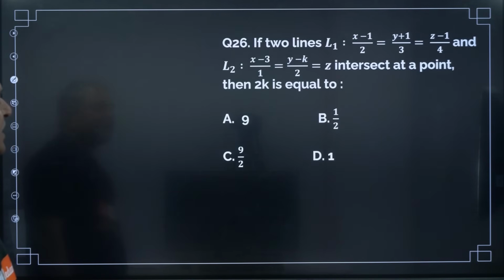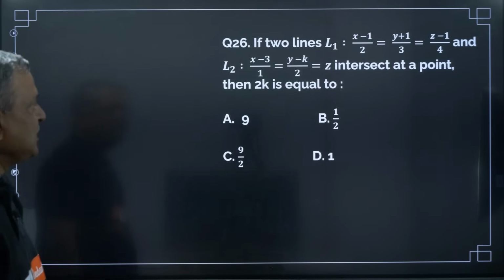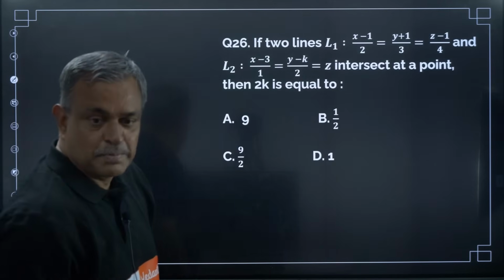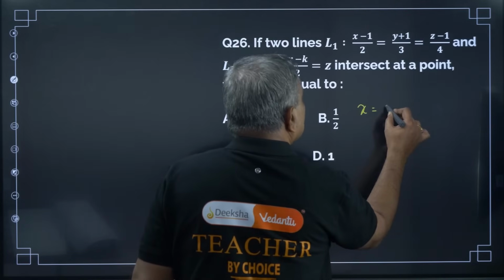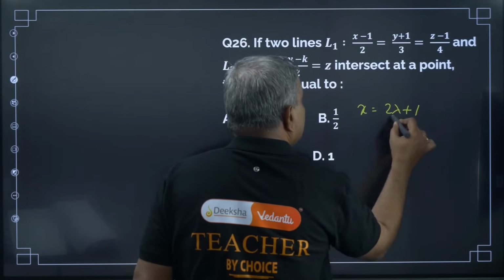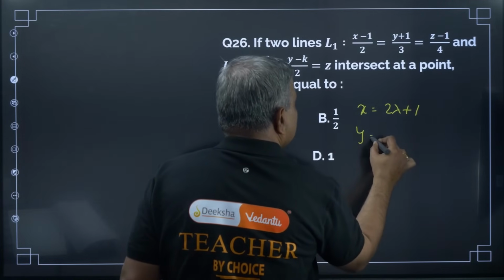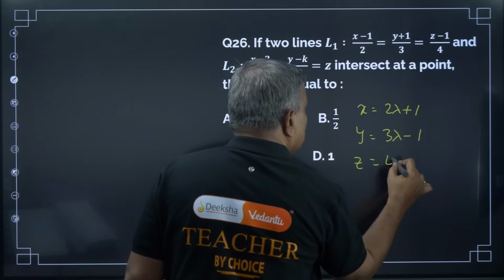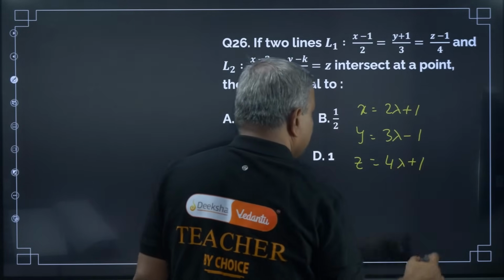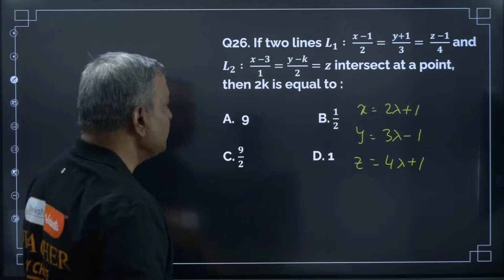This line and this line intersect at a point. Intersect at a point means equal to lambda, you take. So x is equal to 2 lambda plus 1 and y is equal to 3 lambda minus 1, z is equal to 4 lambda plus 1. Correct? This one got 1 point.